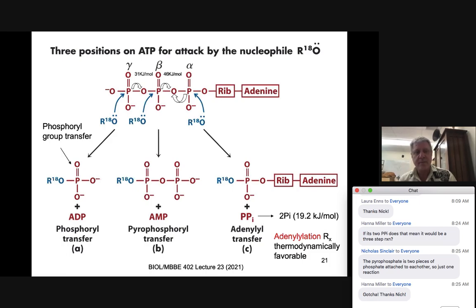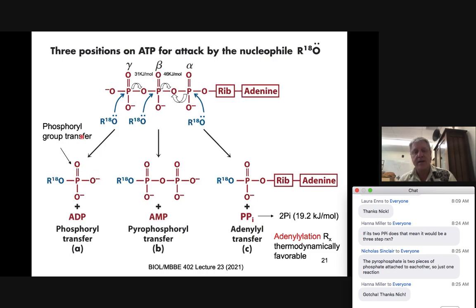When we see that particular attack in this position, we're going to produce this molecule. And we know we produce this molecule because of the radio-labeled molecular water. So we're going to produce ADP, which is the resulting component, and one of these particular phosphate-containing groups.